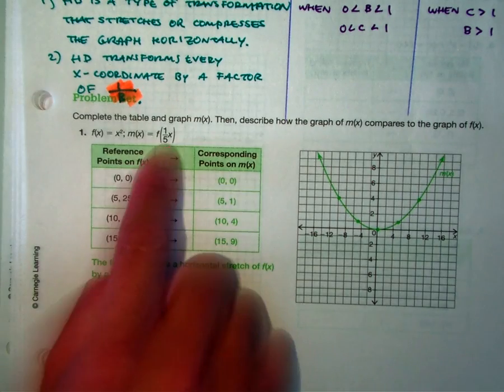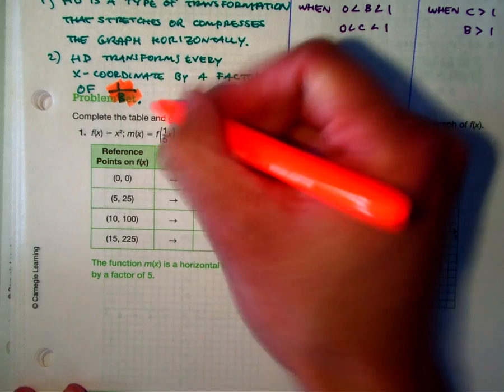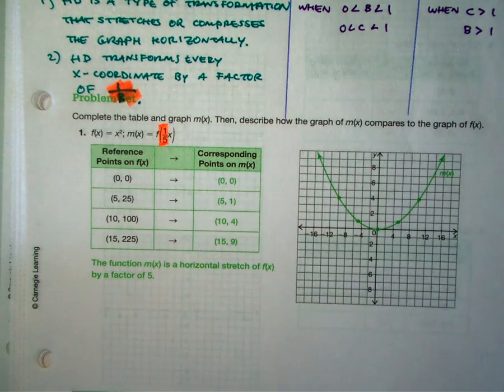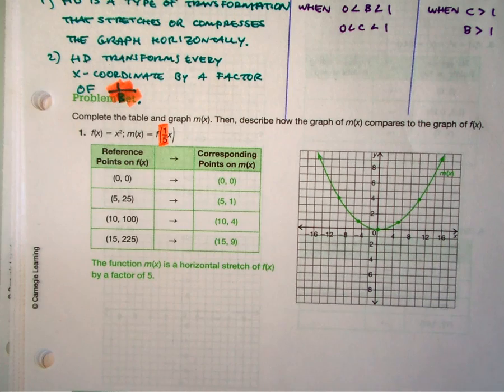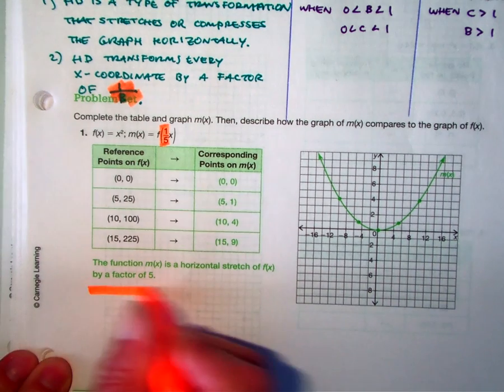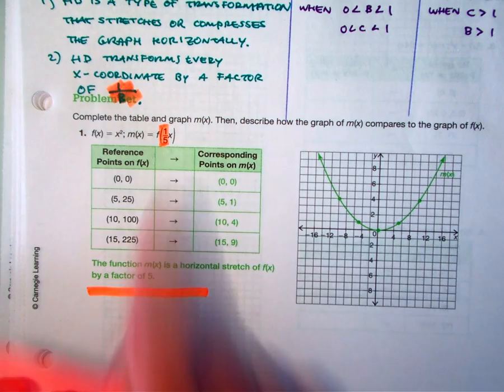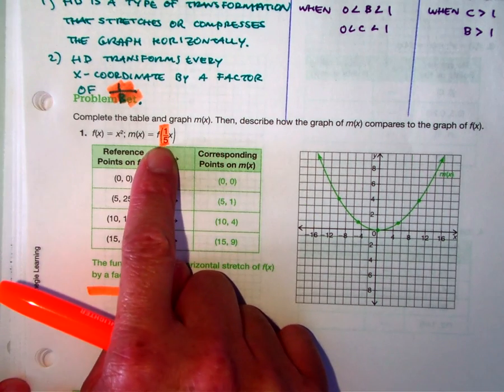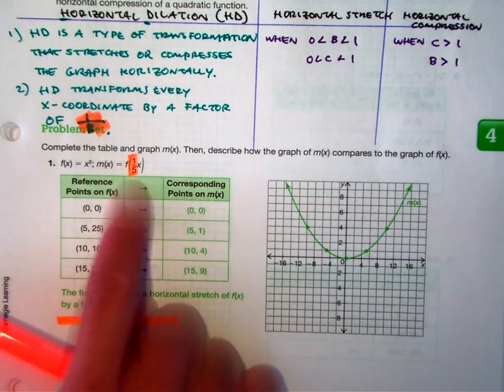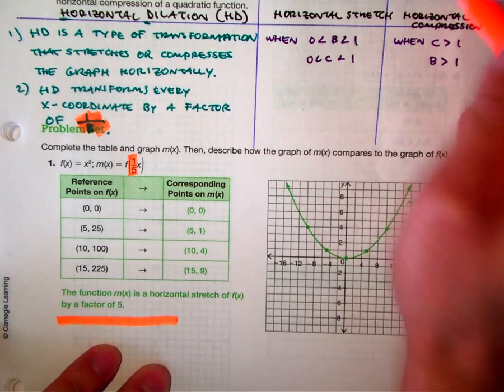Okay? I'm going to go ahead and highlight this number, 1/5. And what I'm going to do now is look at that number, 1/5, and compare it to the numbers over here.